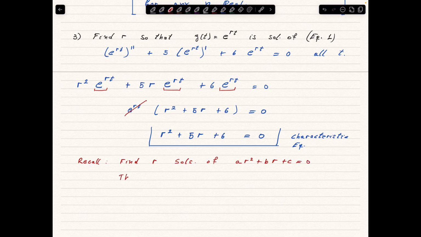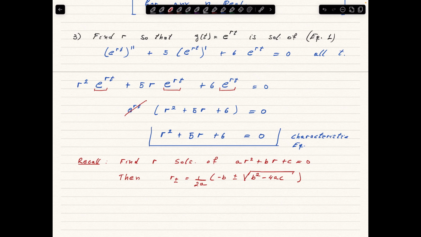Then there is a formula for r which gives us two solutions, and these are 1 over 2a, and then we have minus b plus minus the square root of b squared minus 4ac. This is the very old formula to find the roots of a quadratic equation.